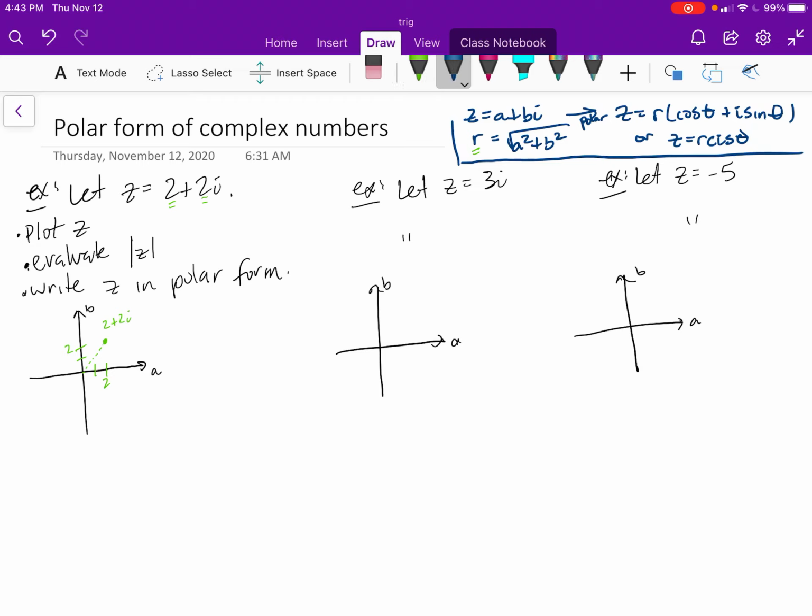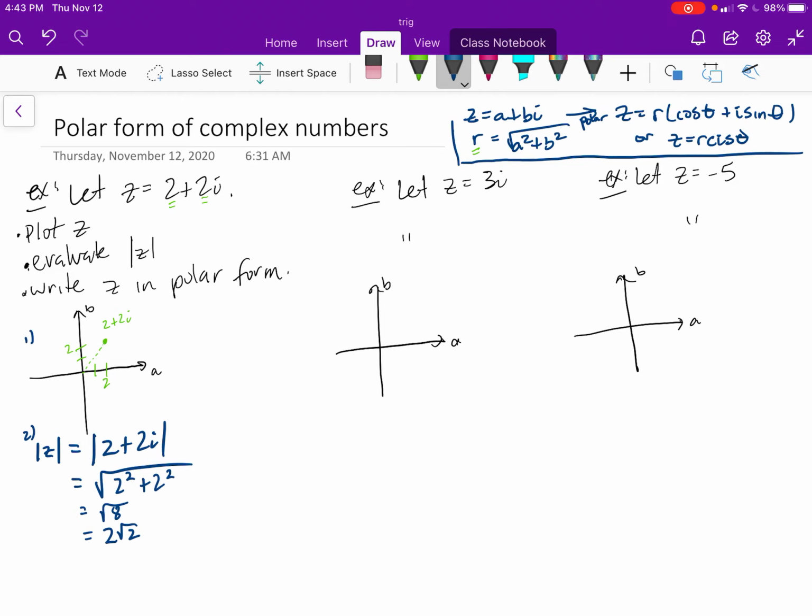So the absolute value of z, or absolute value of 2 plus 2i, is equivalent to the square root of 2 squared plus 2 squared, which is 8, right? 4 plus 4 is 8. And simplifying, not rationalizing, I'm sorry, is 2 radical 2. So there was step 1, there was step 2. We get 2 radical 2.